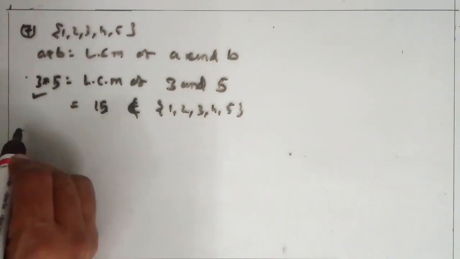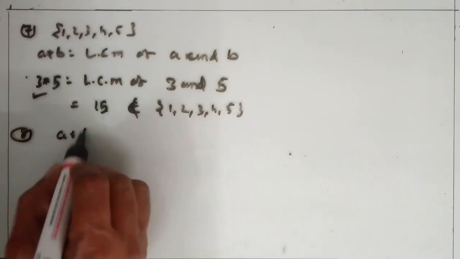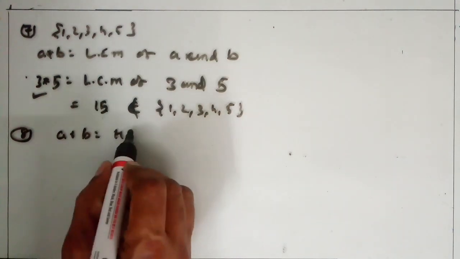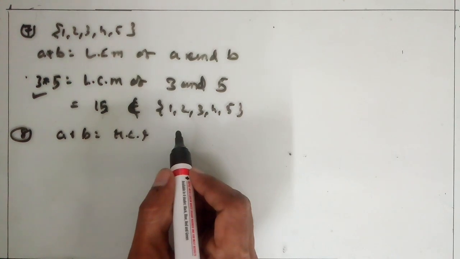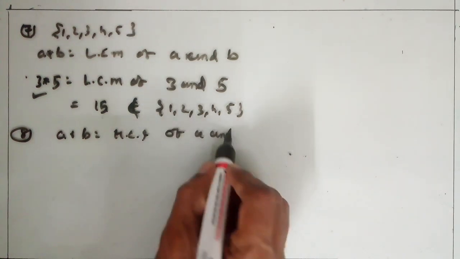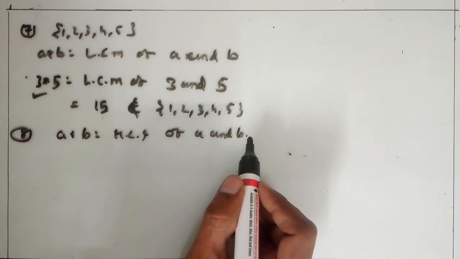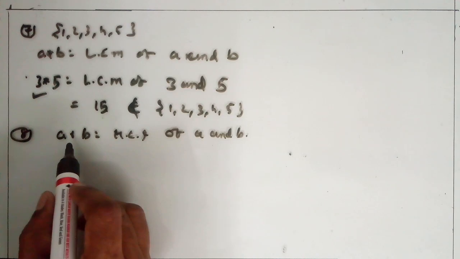Now question number 8. Let star be a binary operation on N defined by A star B is equal to HCF of A and B. Is the star commutative? Is it associative?